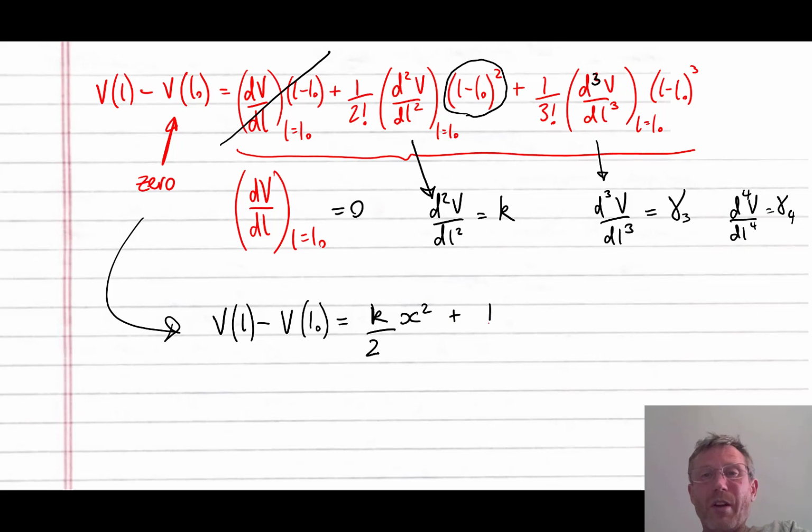Plus 1 over 3 factorial, well, that's actually going to be 1 over 6, right? And then we've got this gamma 3 term in here, and then we've got the x cubed term, and we can keep going, right? So we're going to end up having 1 over 24, which is 4 factorial, gamma 4 x to the 4.